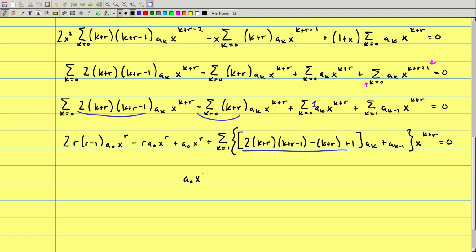We see that a naught x to the r is going to be factored out of each of these terms. So we'll start by factoring that out. And that leaves us with 2r, r minus 1, minus r plus 1.